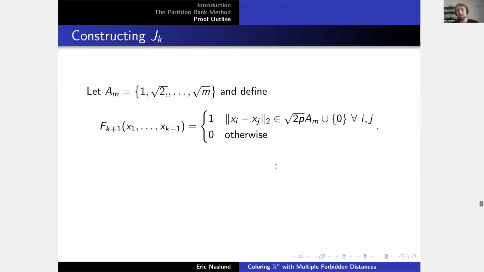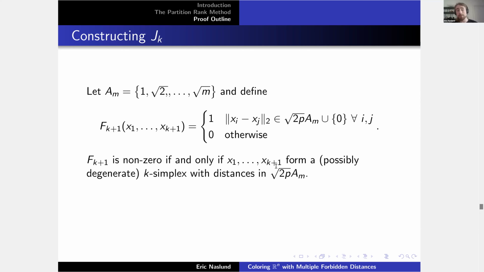So when all of the pairwise distances are in the set times a multiplier that's the square root of 2p, that's not too important right now, it's to make some of the integers line up. When all of the distances are in there, this will be 1, and when they're not, it will be 0.